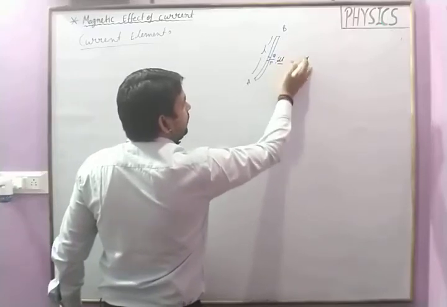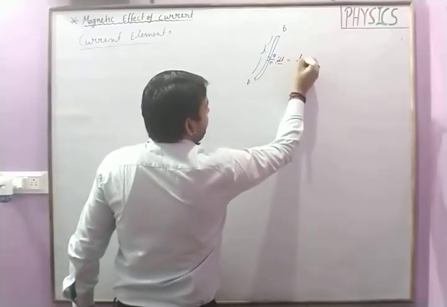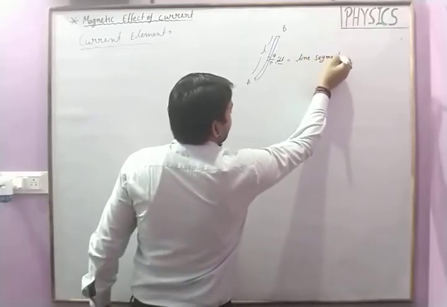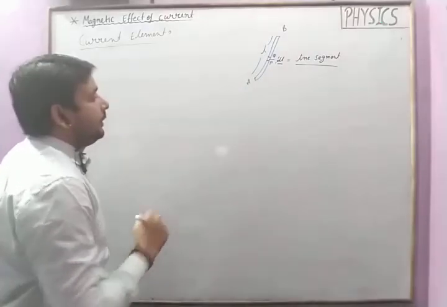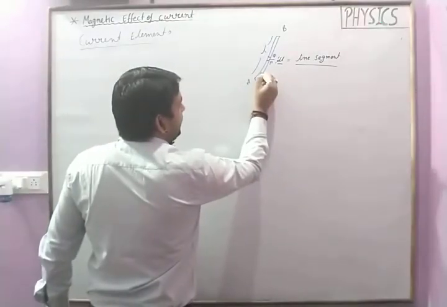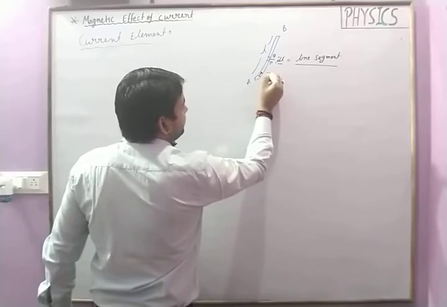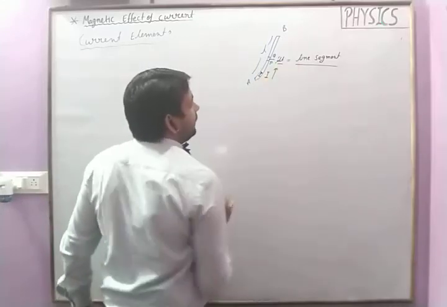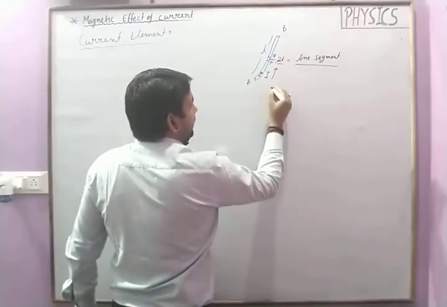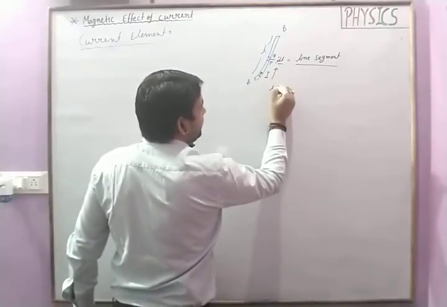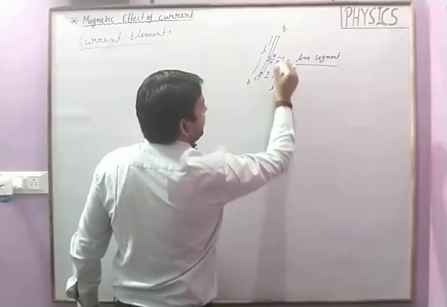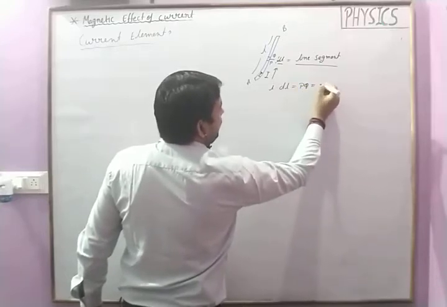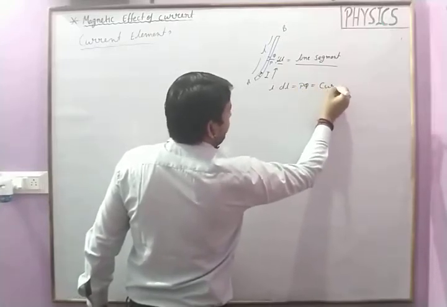So this is called a line segment. Clear? So if this wire carries current I from A to B, then if we multiply this current I with dl, this quantity gives the value of PQ, and it is known as current element.